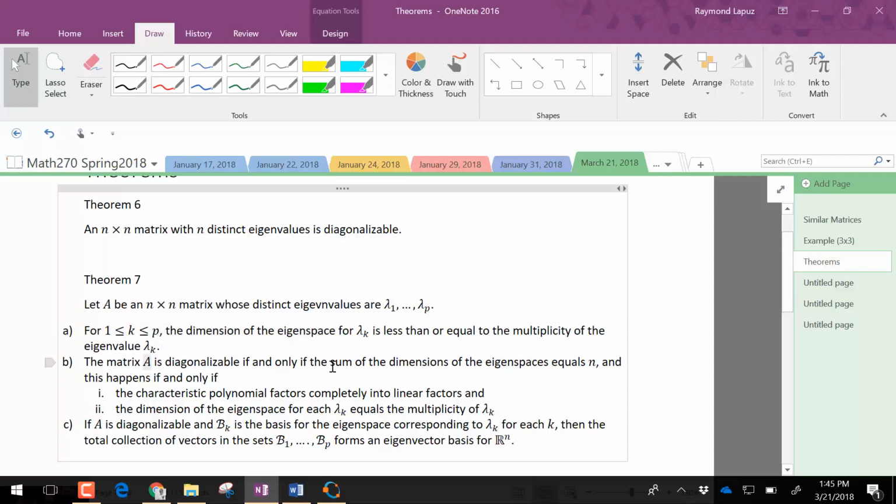A is diagonalizable if and only if the sum of the dimensions of the eigenspaces is equal to the multiplicities. So that means the characteristic polynomial factors completely, and the dimension of each eigenspace is equal to the algebraic multiplicity. And the last one, if it's diagonalizable, then Bk is a basis for the eigenspace corresponding to each eigenvalue.